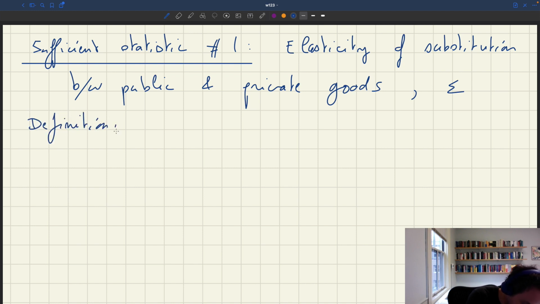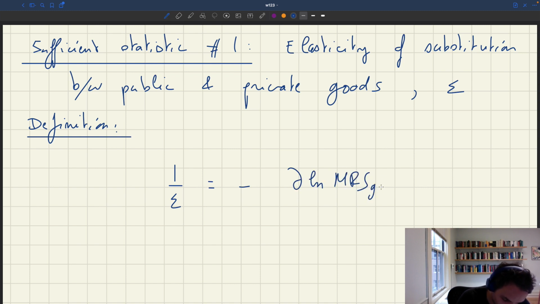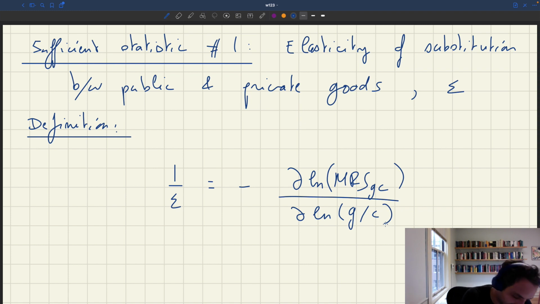So this is just a standard definition for an elasticity of substitution. It's defined as follows: 1 over epsilon is equal to minus the elasticity, d log of the marginal rate of substitution between public and private consumption, with respect to the ratio between public and private consumption.